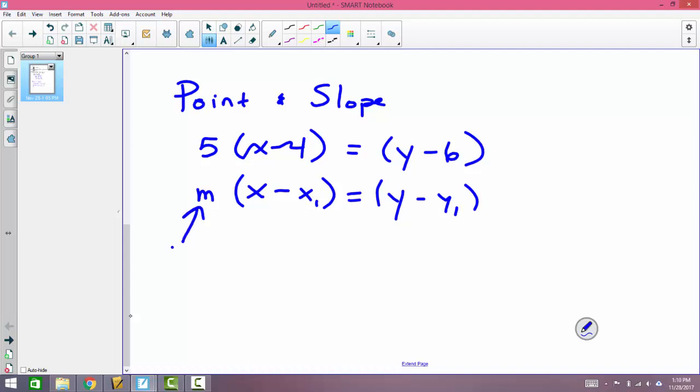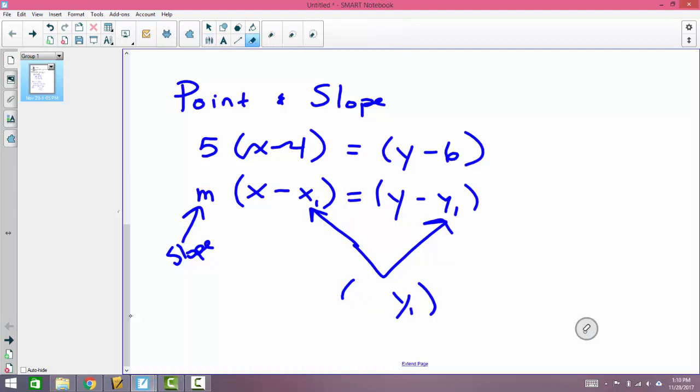This is your slope, and this and this are your ordered pair for any point. It doesn't have to be the first point. It can be any point at all. That's a sub 1. So it could be x sub 20, y sub 20. As long as the x and the y go together, that is the point for point slope.